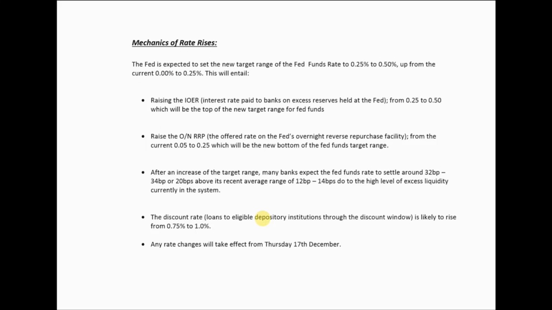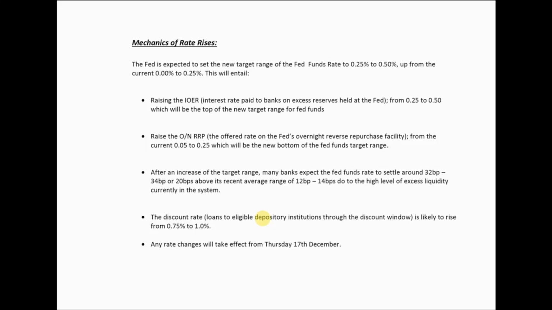Now, as I mentioned at the start, if they do hike rates, there are a few mechanics that we really need to be aware of and really pay attention to, and I can't reiterate enough how important this is, that we don't get confused when Reuters is mentioning various different interest rates.